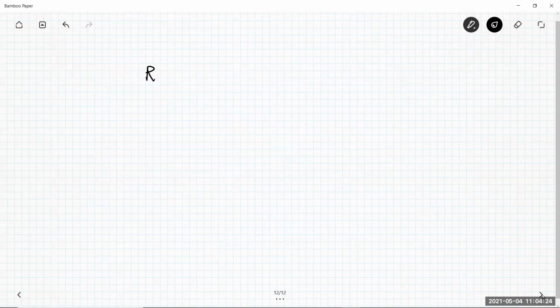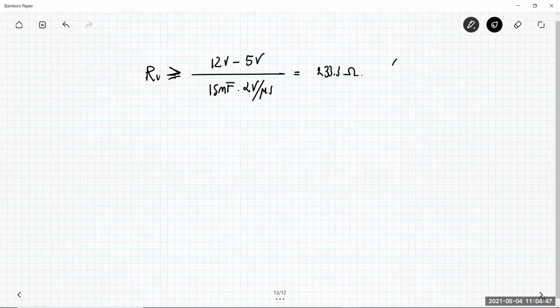So Ri is 12 volt minus 5 volt, divided by 15 nanofarad multiplied by 2 volt per microsecond. You can see that this is 233.3 ohm. Of course, the resistor should be higher than this value, and so you can have a normal standard value of 270 ohm.